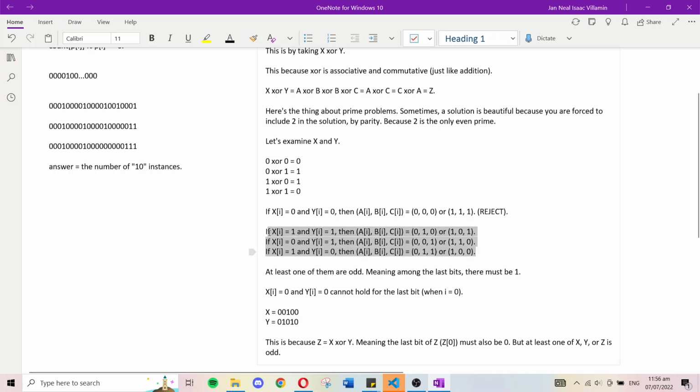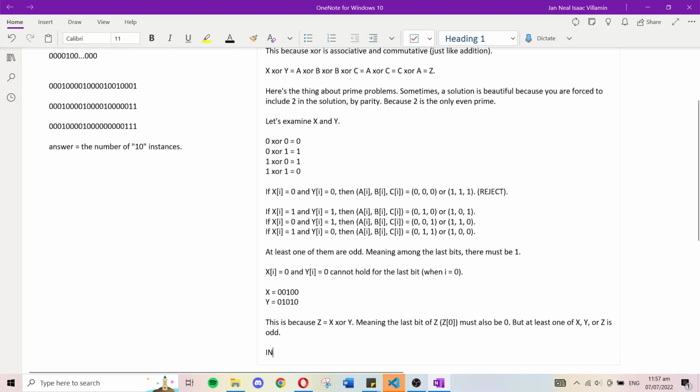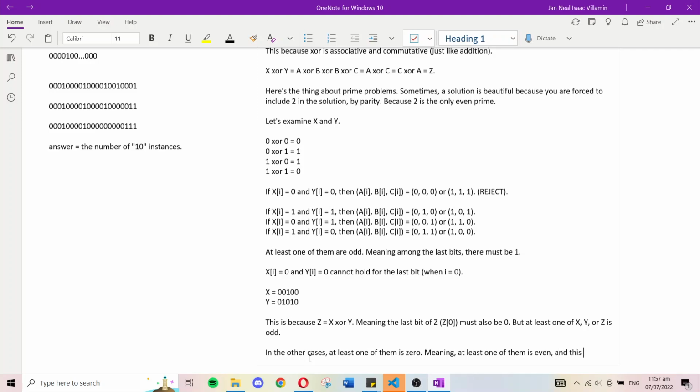Now what do we see in this case? Well, at least one of them is 0. In the other cases, at least one of them is 0, meaning at least one of them is even, and thus one of them is 2.